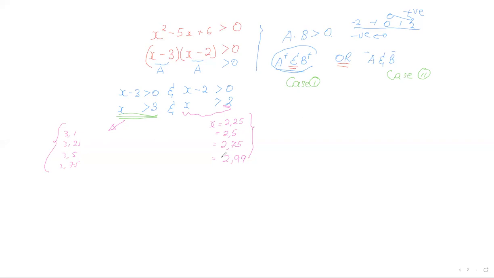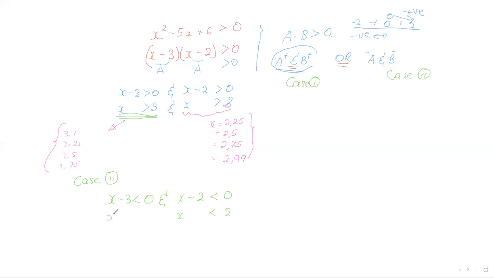Let's look at the second case. Case 2, we have when all these numbers are negative. A is negative, which means x minus 3 is less than 0, which makes it positive, and at the same time, x minus 2 is also negative. Therefore, x is less than 2.